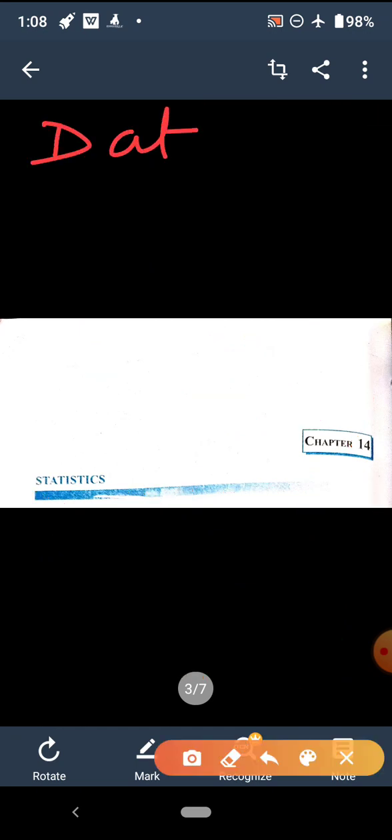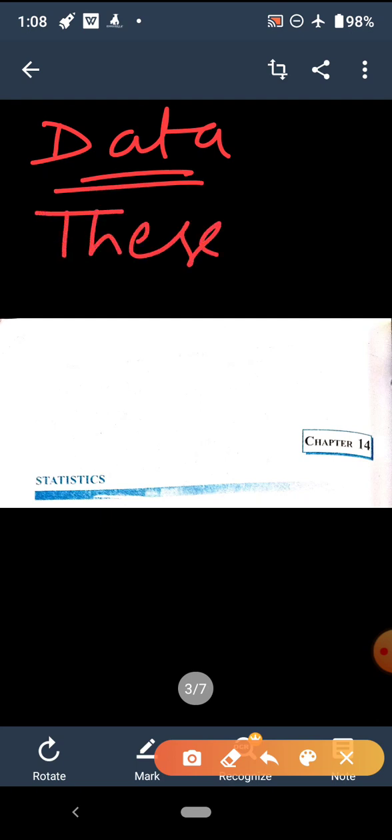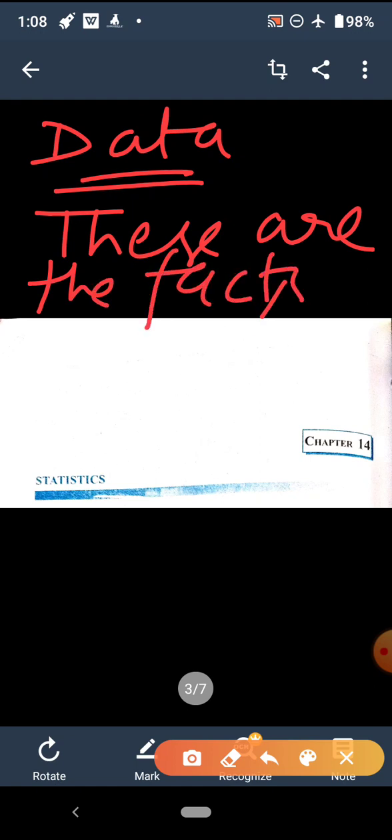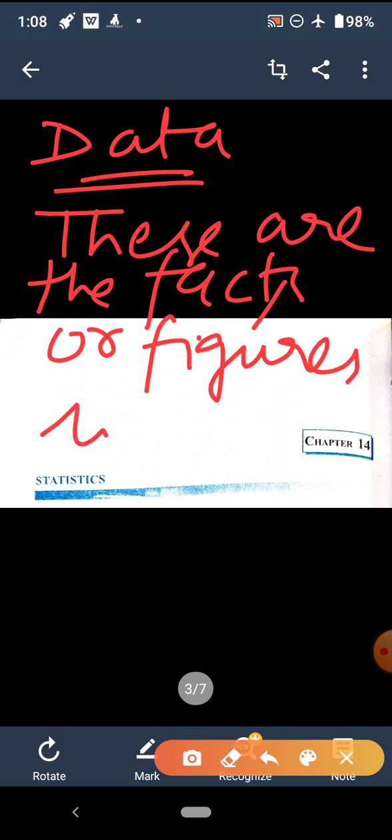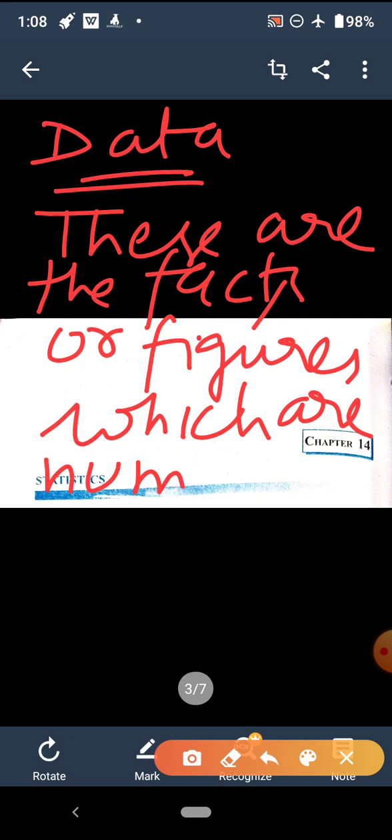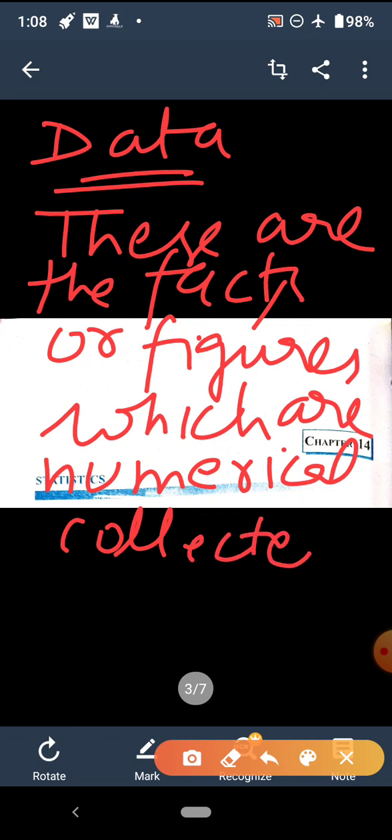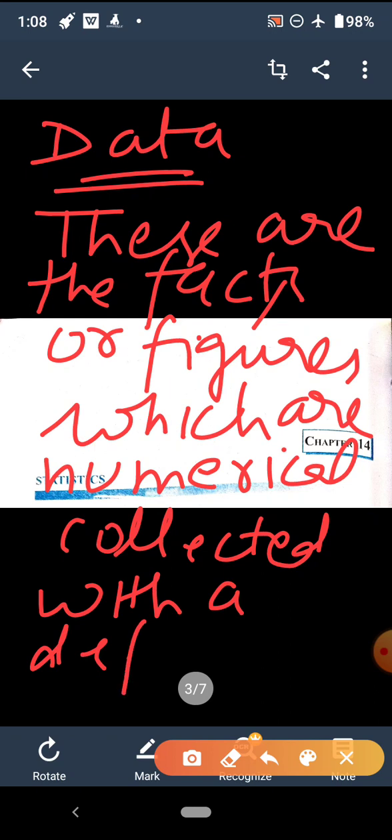So we are firstly talking about data. What is data, beta? These are the facts or figures which are mainly numerical, or maybe verbal or any other, collected with a definite purpose.